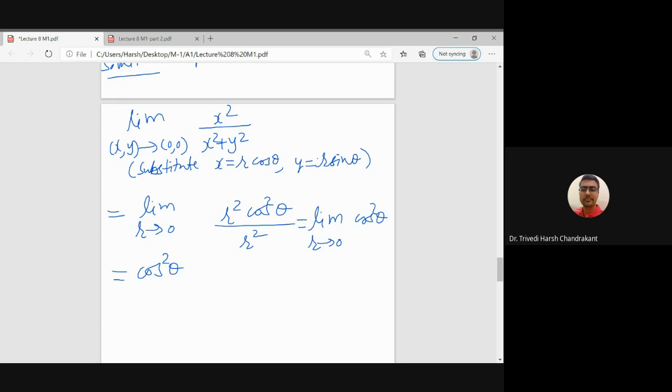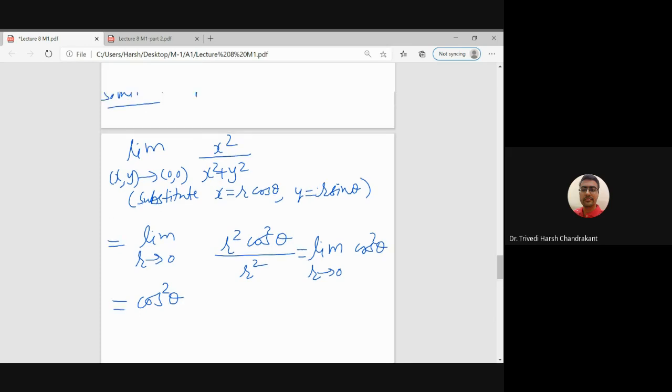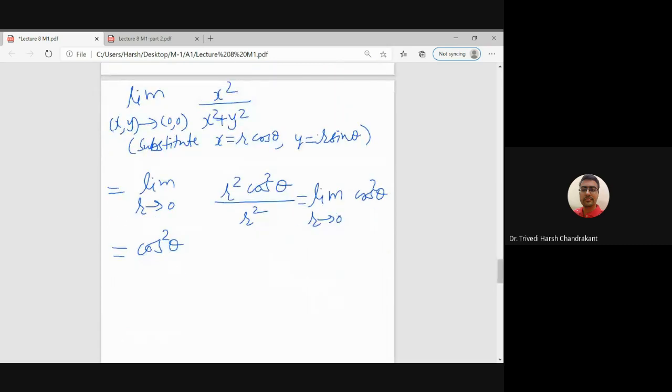So we got the value of this limit L to be cos² θ, right? So now what we need to check is this limit L should be unique, it should not be different, right?